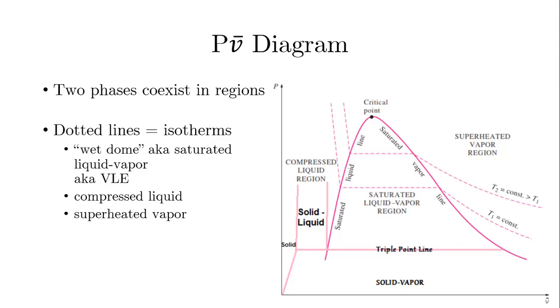And as you can see, there are different regions in this diagram. I have a place where only solid exists right here. I have a place where only the vapor exists, a place where only the liquid exists. And also I have places where I have multiple phases coexisting. And we're going to really focus on this dome.